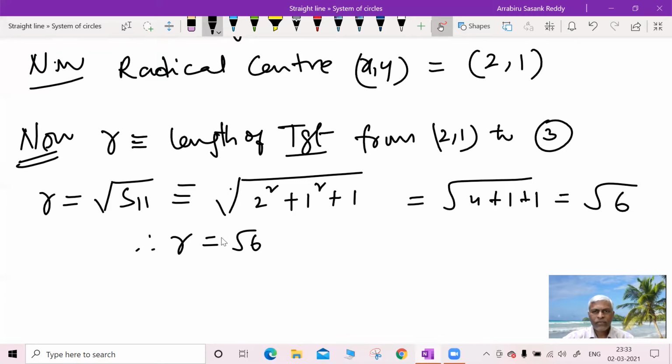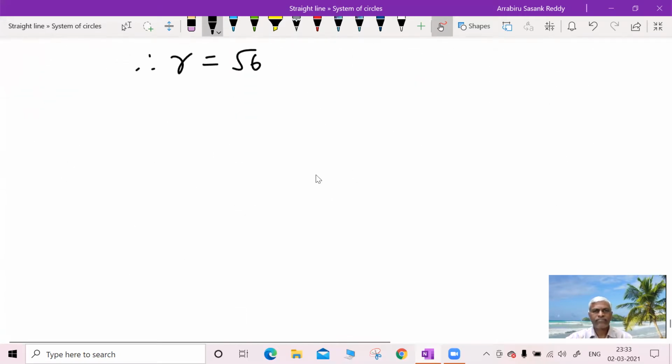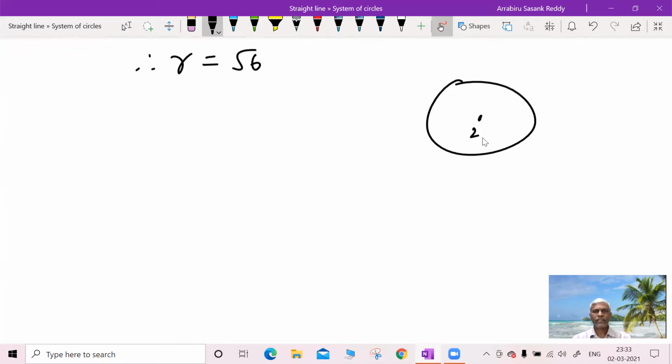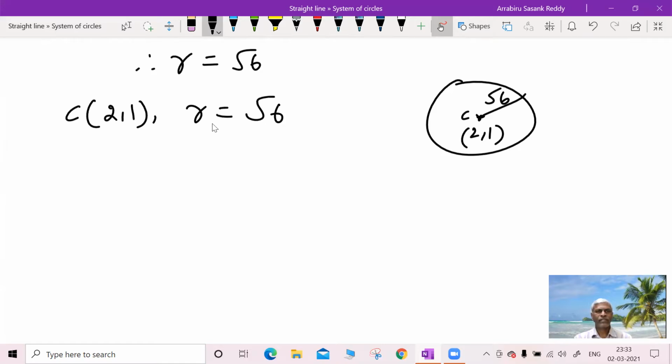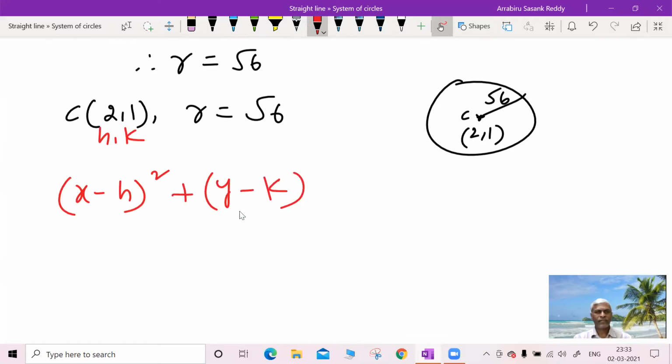So taking center 2, 1 and radius root 6, the equation of the circle with center 2, 1 and radius root 6. Let the center be h, k. So the formula: x minus h whole square plus y minus k whole square is equal to radius square.